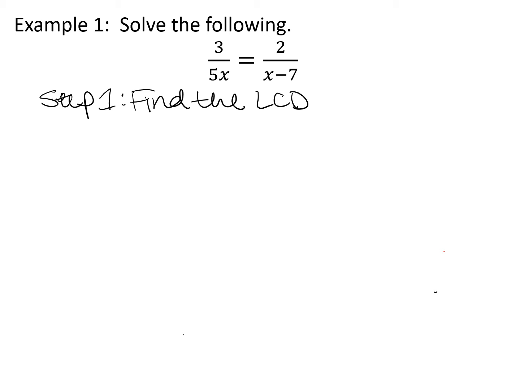And I can see here that these two denominators do not have anything in common. So that LCD here is going to be 5x times x minus 7. Okay, and then I am going to multiply that LCD on both sides of the equation.